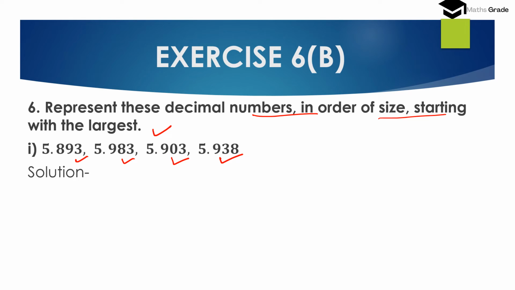Here the whole part of all these decimals is 5, so all are equal. So 5 point, after the decimal point it is 8 here, and 9 here. So 5.8 is the lowest decimal.